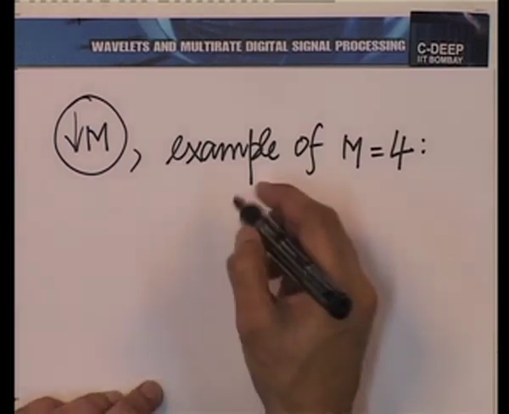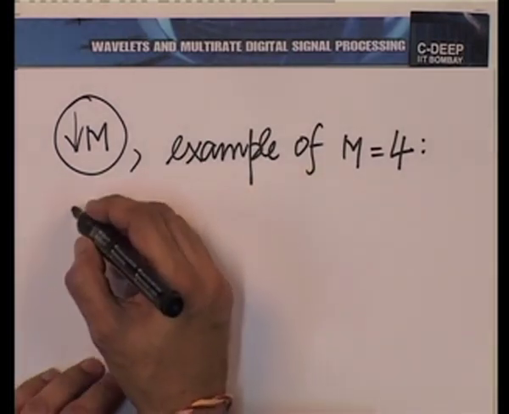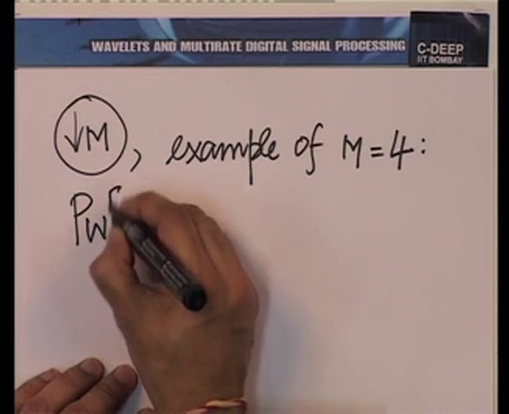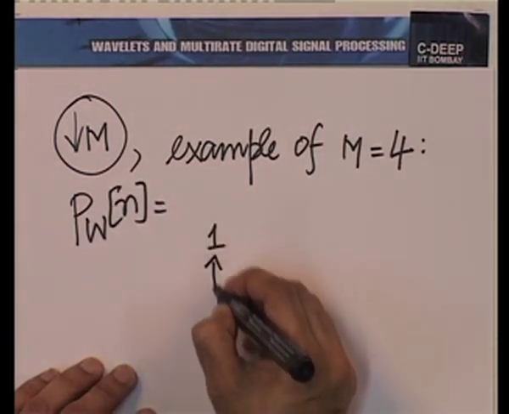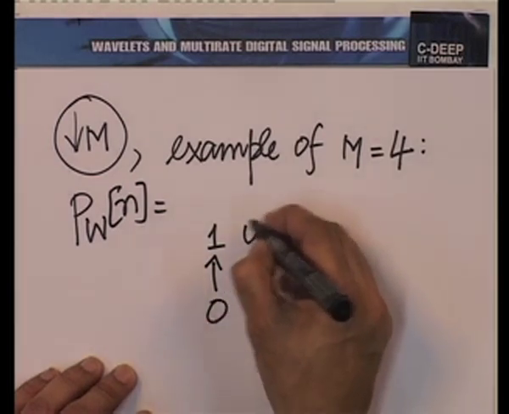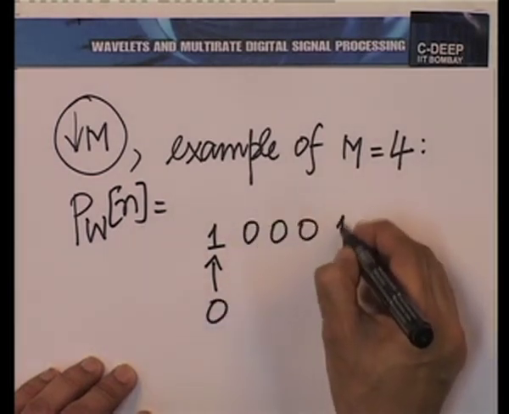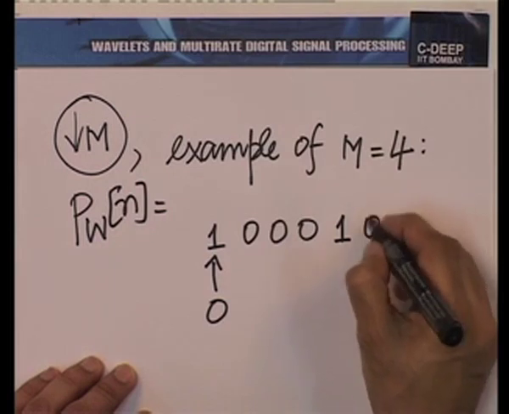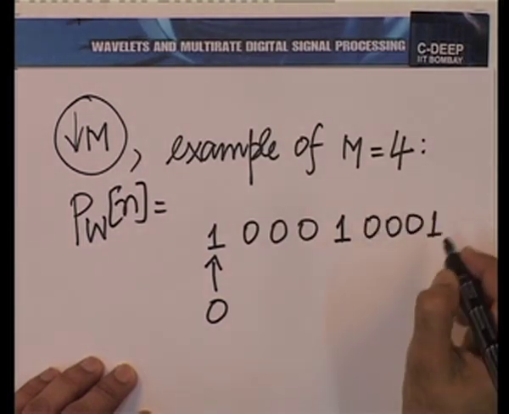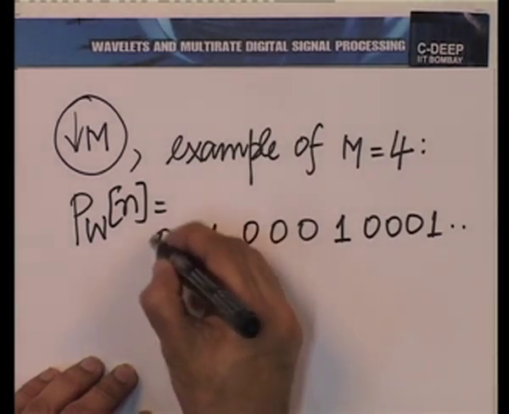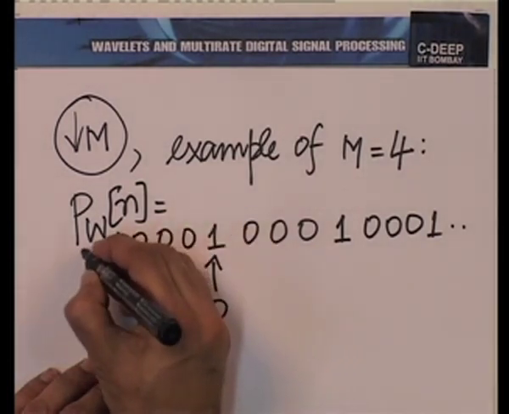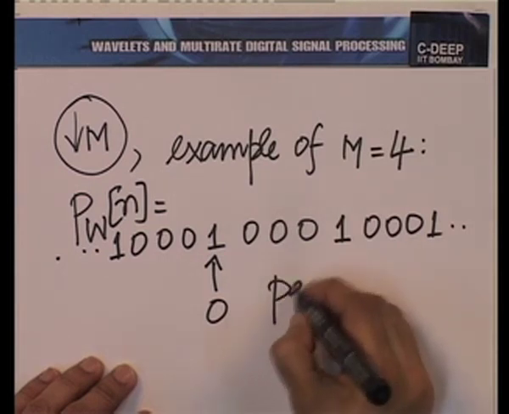Then the corresponding PW_N would be 1 located at 0, then 3 zeros, 1 located at 4, then 3 zeros again, 1 located at 8, and so on this side, and of course 3 zeros and then a 1 and so on this side, periodically continued.